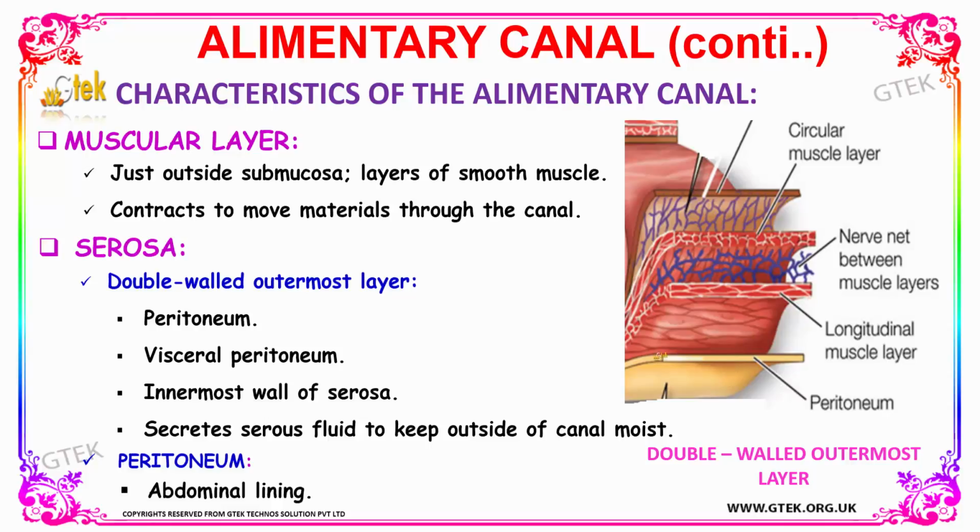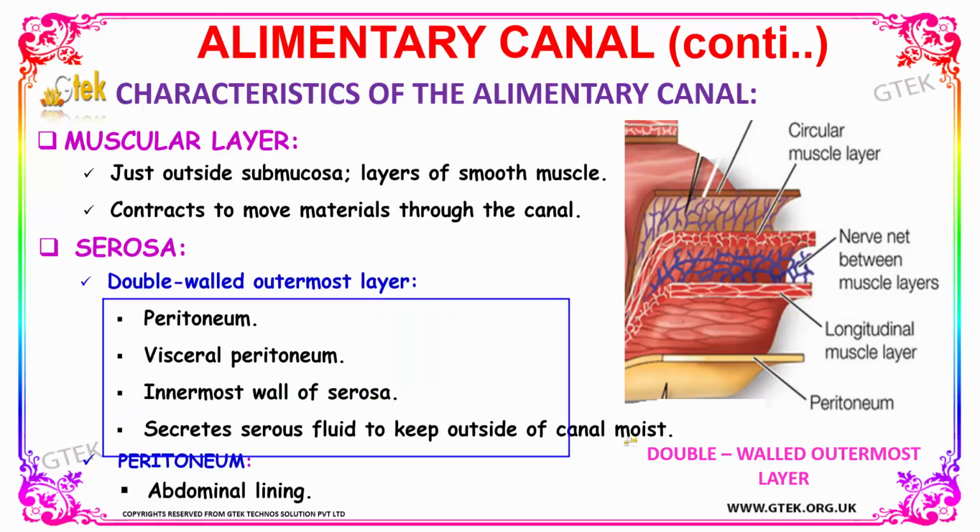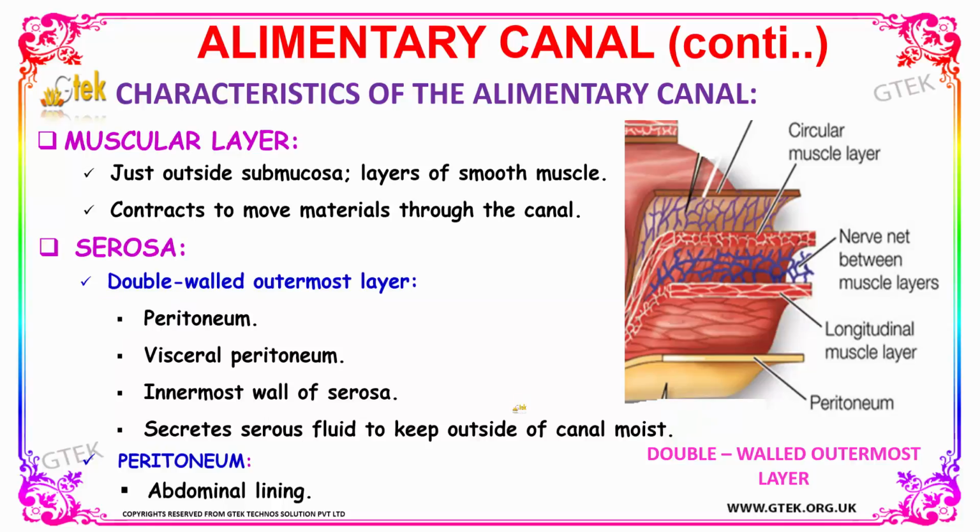The visceral peritoneum, the innermost wall of serosa, secretes the serous fluid to keep the outside of the canal moist. Your serosa has the peritoneum, which is nothing but the abdominal lining. So these are some of the characteristics of the alimentary canal.